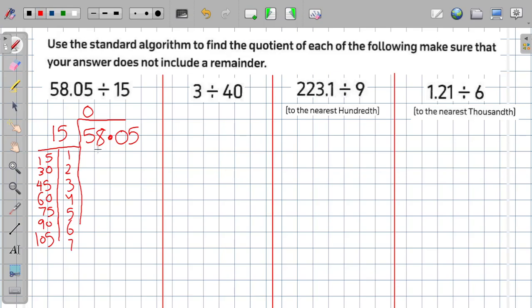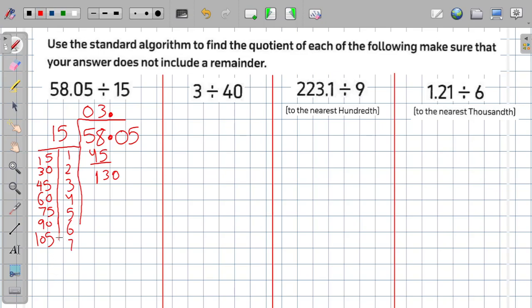So, I have 58. 58 is between 45 and 60, so I will take 45. So, 45 divided by 15 equals 3. So I have 3, and the remainder will be 13. Okay. Next, I have the decimal point. So I will put the decimal point in the quotient, and I will have the next digit. So I have 0. So I have 130.